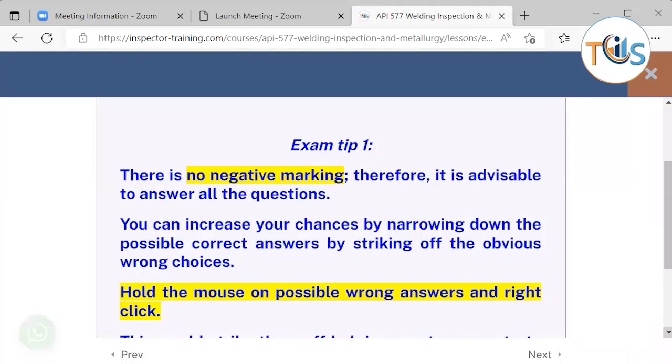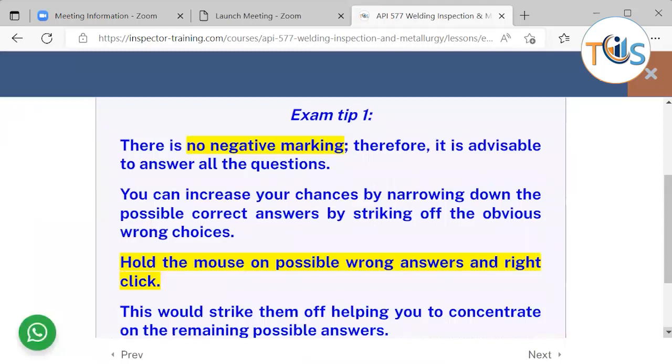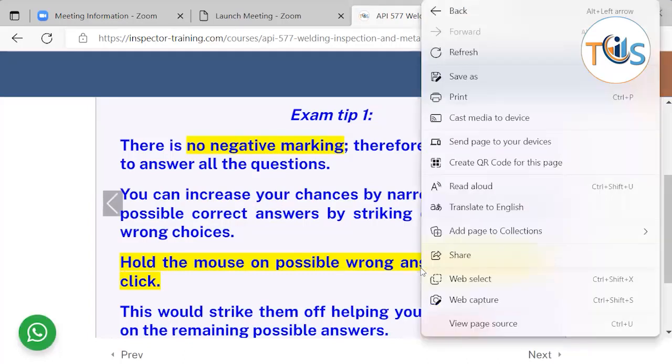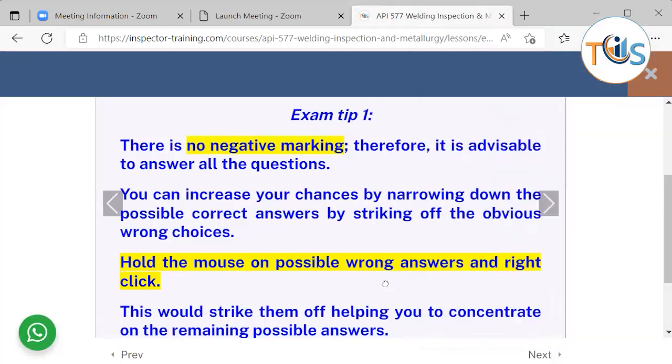There is no negative marking, therefore answer all the questions. If you know some answers are definitely wrong, but you can't choose between 2 possible right answers, just right click on the wrong answer and that would take them off, and then you can zoom in on the possible right answer.